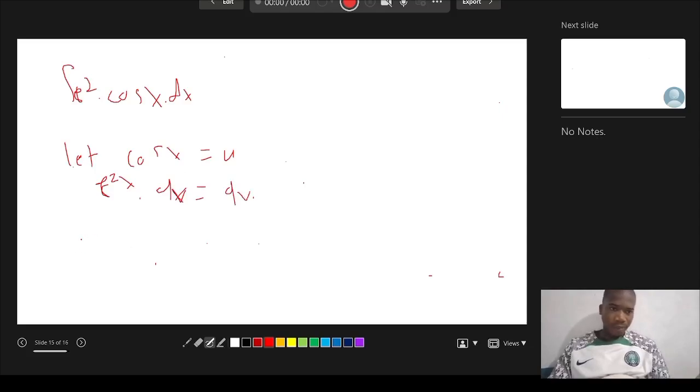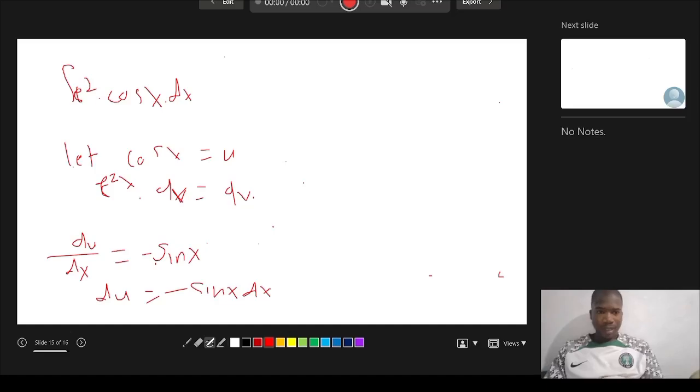Then you say du over dx is equal to negative sine x, right? Then you say du is equal to minus sine x dx, right?